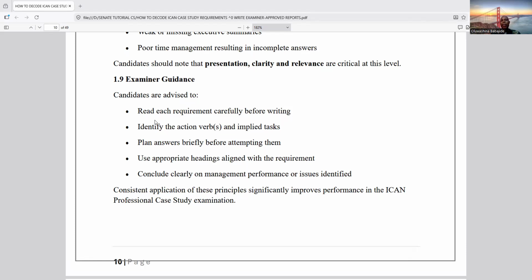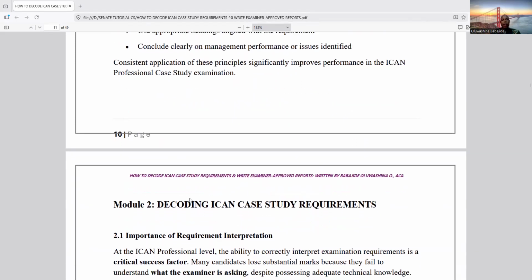Use appropriate headings aligned with the requirement. Conclude clearly on management performance or the issue identified. Consistent application of these principles significantly improves performance in the ICAN professional case study examination.